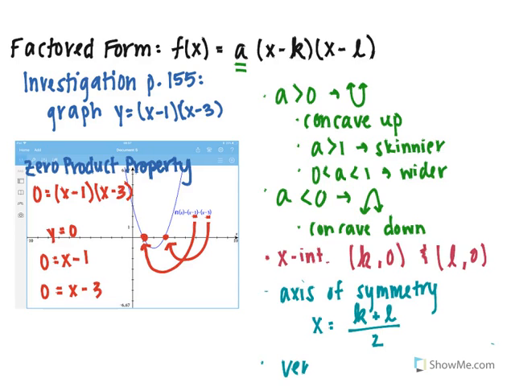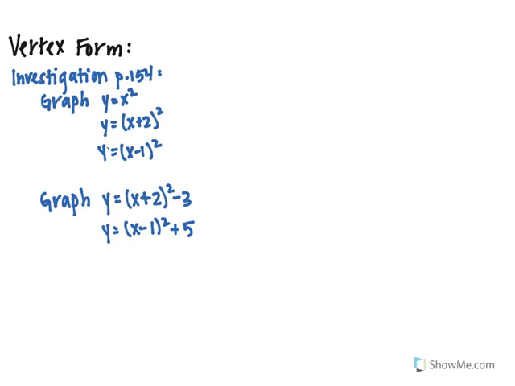And again, remember that this is the x-coordinate of our vertex. So it's at k plus L divided by 2, and then we would plug that in to figure out our y-coordinate.